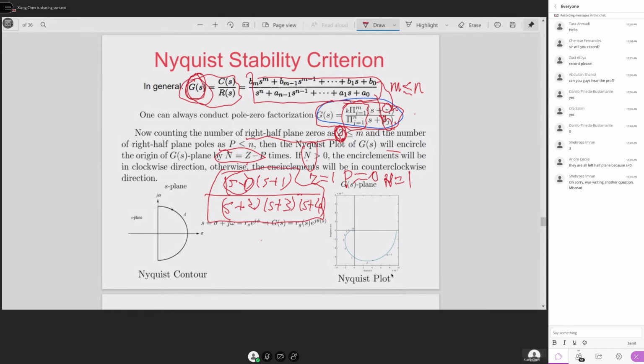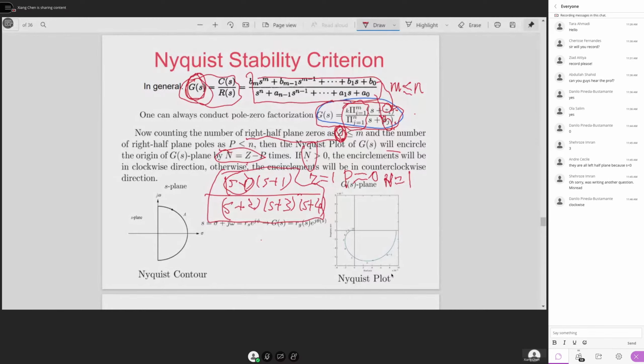In what direction? Someone quickly. Clockwise. Yes. So you see, this is very nice. This principle helps us to predict what's going on for the Nyquist plot.